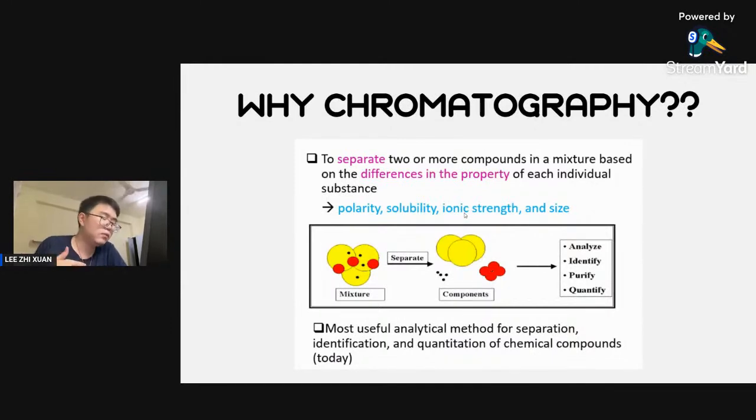If you go to advanced, normally for those who want to pursue study in biology or chemistry, especially analytical chemistry or biology, you will learn about advanced chromatography. Just for example: size exclusion, hydrophobic interaction, gas chromatography, high performance liquid chromatography, and many more. You don't need to know that. For your syllabus, you only need to know paper chromatography.